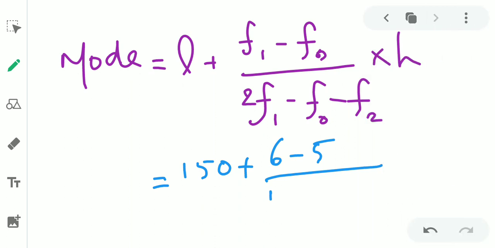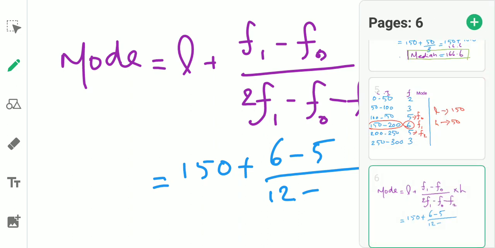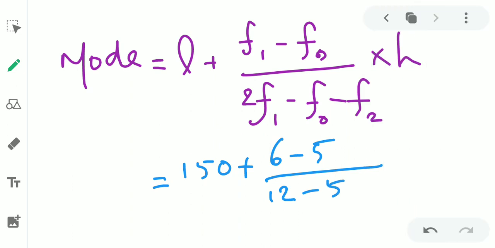So 6 times 2 you will get 12, minus F0. The value of F0 is 5, and the value of F2 also is 5. Okay, so now one more step we have to do, that is simplification. So 6 minus 5 is 1, obviously. So minus 5 minus 5 we get minus 10. So 12 minus 10 is nothing but 2.